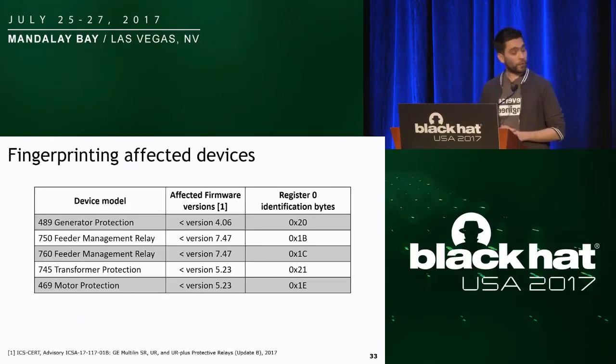Now, on the table here, I also list the expected values by the respective NRVista version that have to be in place in Modbus register 0 for the device to be identified as one of the device models shown on the left. I also listed the affected firmware versions for some of the devices that are affected by the passcode vulnerability I described before.